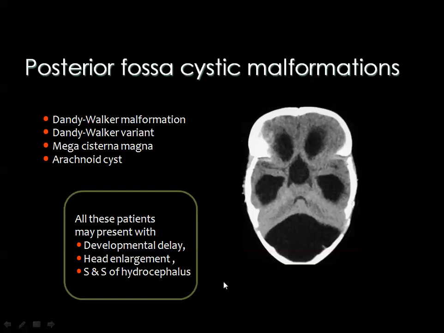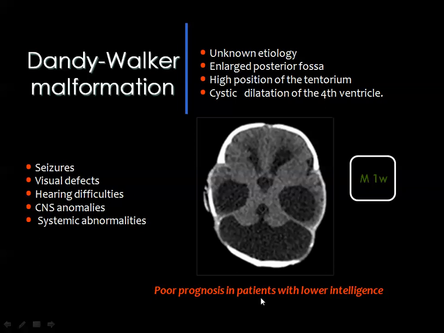We'll start first. All these patients may present with developmental delay and head enlargement and signs and symptoms of hydrocephalus. Then, in cases of Dandy-Walker malformation, most of these are, of course, of unknown etiology.